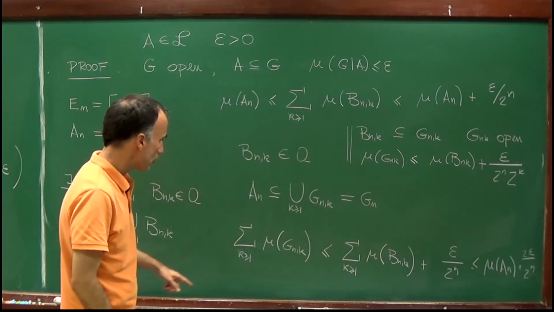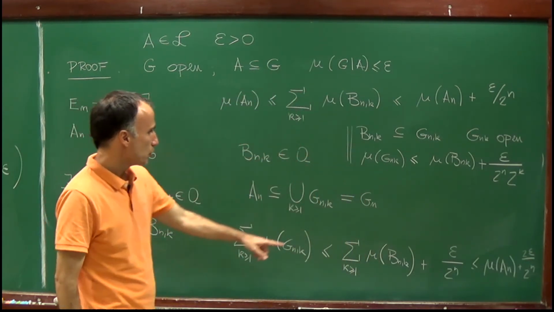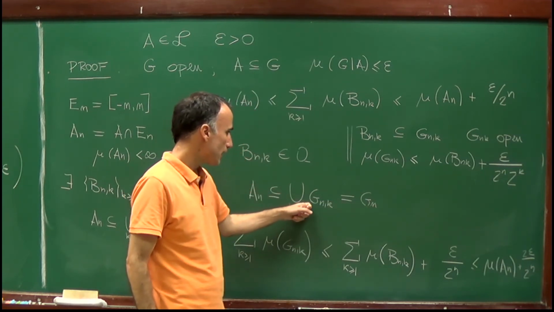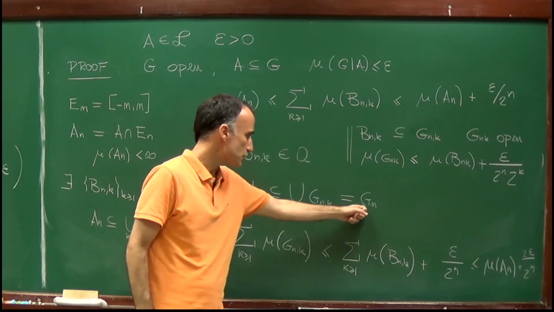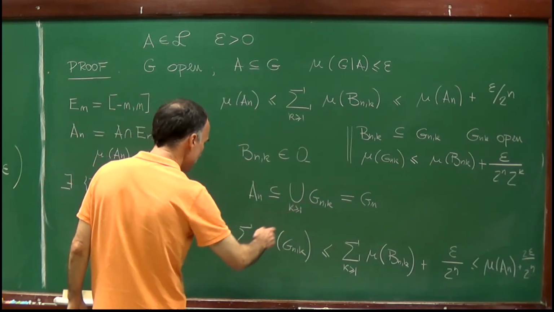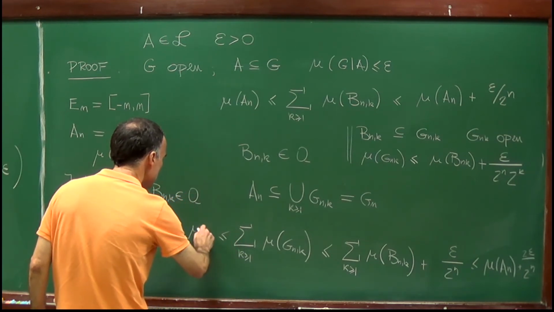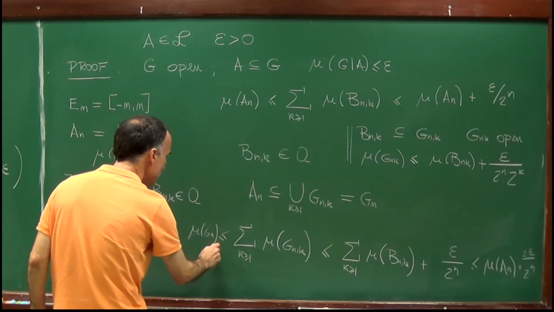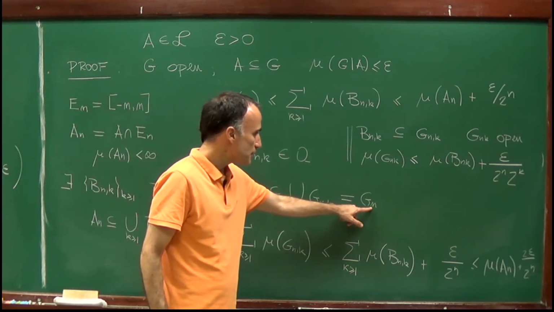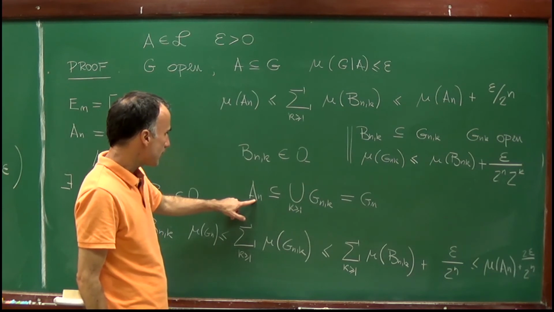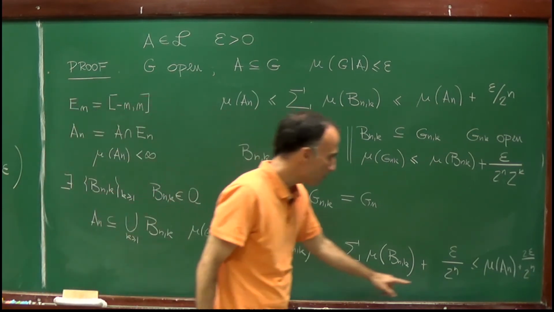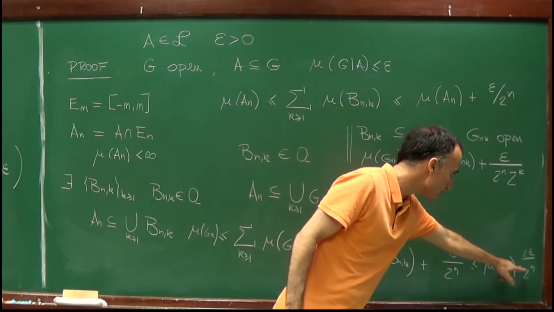And of course, G_n, which is the union of G_n,k, by subadditivity the measure of G_n is bounded by the sum of the measures of G_n,k. So in conclusion, we obtained up to now an open set G_n which contains A_n, but whose measure is bounded by the measure of A_n plus 2 epsilon divided by 2n.